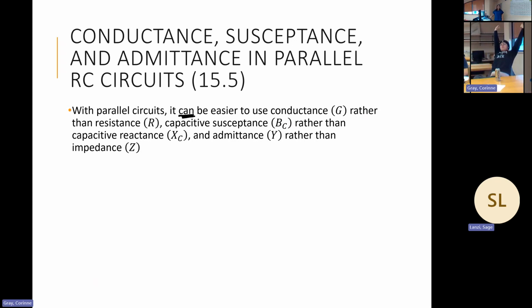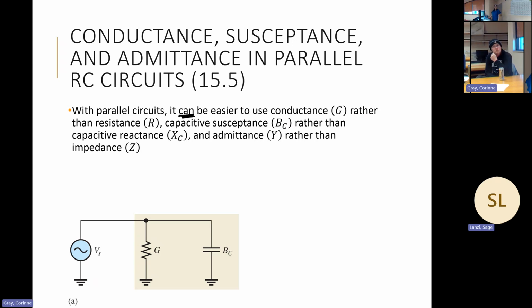So you'll look at the question, establish what you think the best approach is going to be, and then based off of that, either use R, X_C, Z, or you can use G, B_C, Y, and then go through and solve.